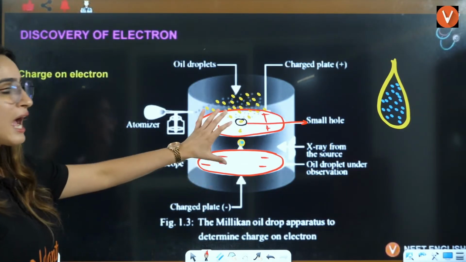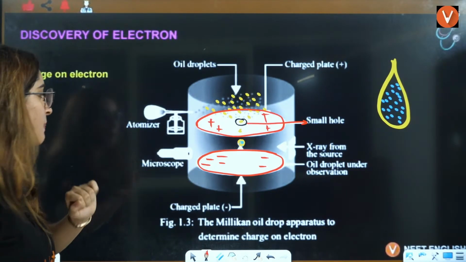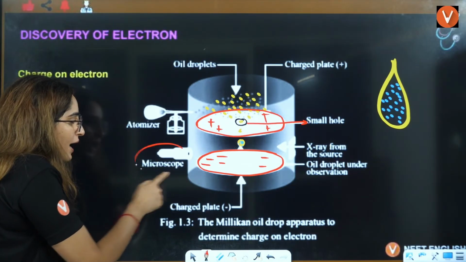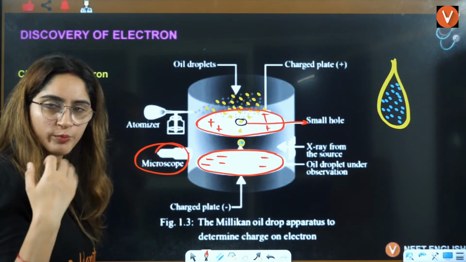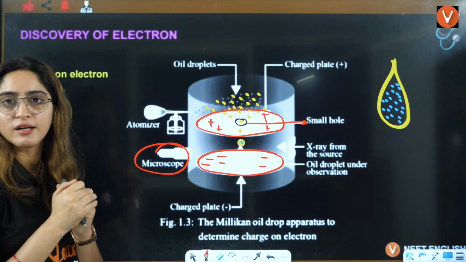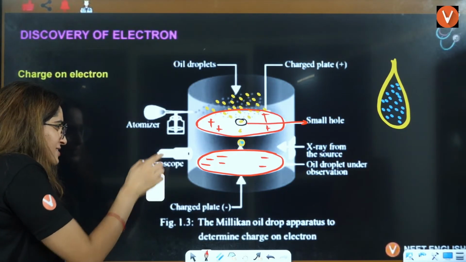A kind of electric field is developed here. Now, if you see from this microscope, someone, you, me, we are watching what is happening here.